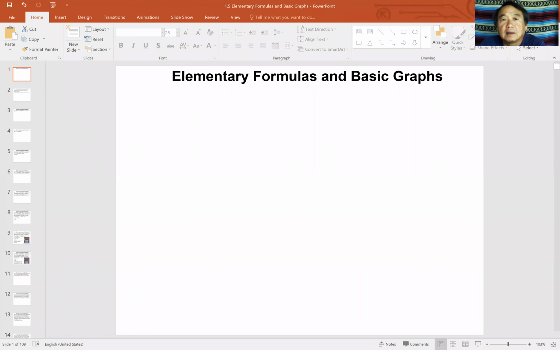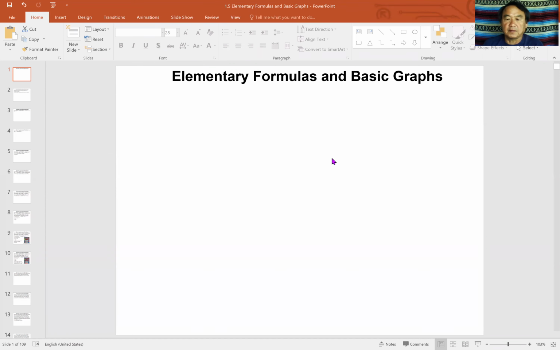Hello, everyone. This is Professor Ma, and this is the brief introduction to the sections on elementary formulas and basic graphs. What this section is basically about is how formulas are built, and also some examples of the graphs which we absolutely have to know before we use them a lot in the class.